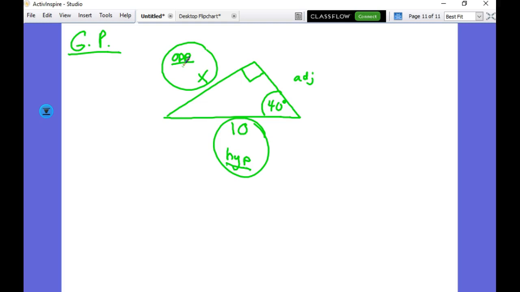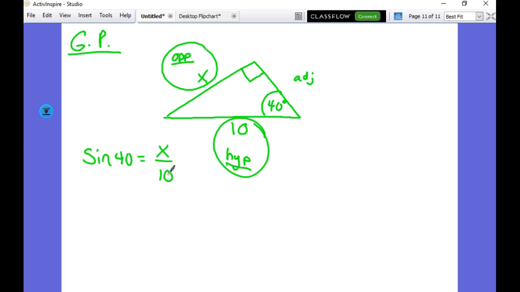Okay, so I'm going to ask Leilani, what did you get for your equation? Sine 40 equals x over 10. Good. Okay, now we get to solve it.